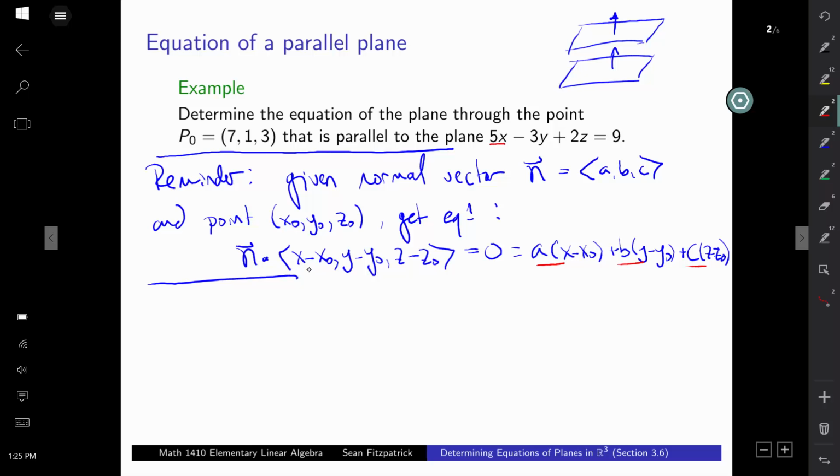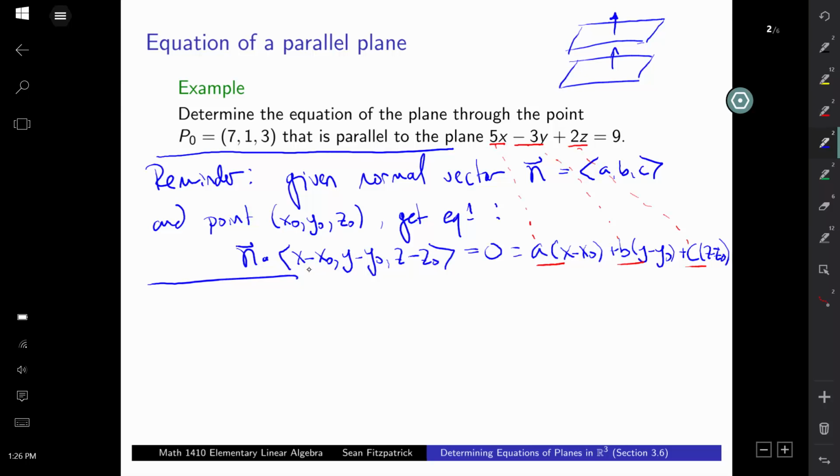So we look here and we see 5x minus 3y, don't forget the minus sign, plus 2z, and we compare with the generic equation that we have here. So a must be 5, the b must be minus 3, the c must be 2.